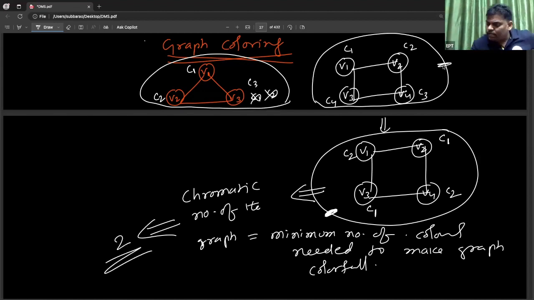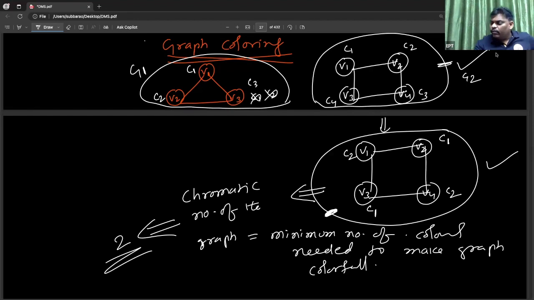Here, the number of colors you used is 4. This is also graph coloring. If they ask you chromatic number, not only giving coloring, you have to use the minimum number of colors. Let me give names: G1 and G2.